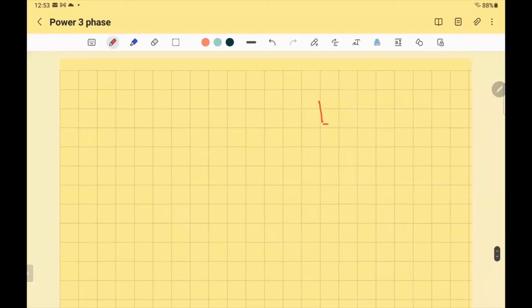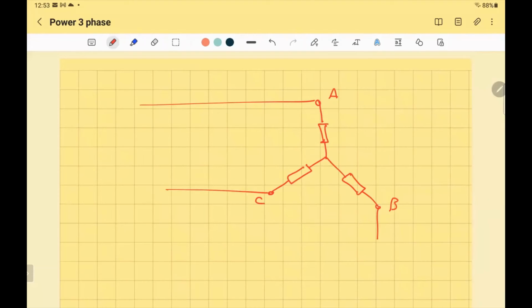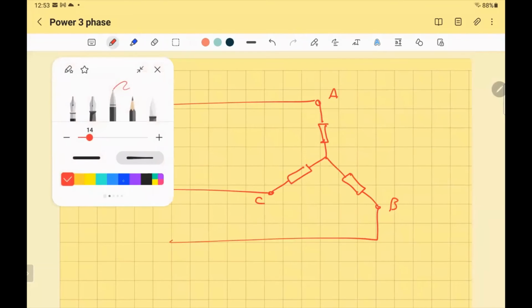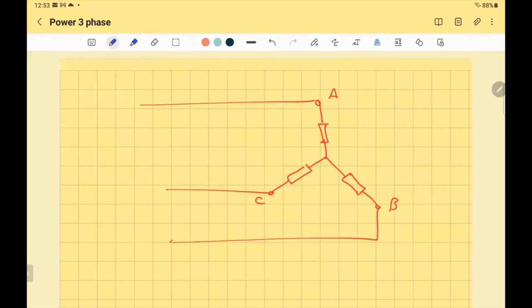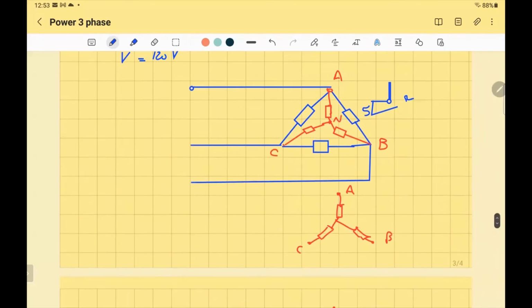That's the equivalent Y, and I have the points A, B, and these are the lines. We have two questions. First question, what is the value of the impedance? Obviously it's not the same.